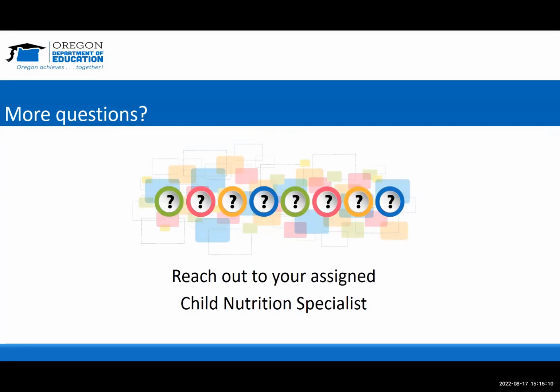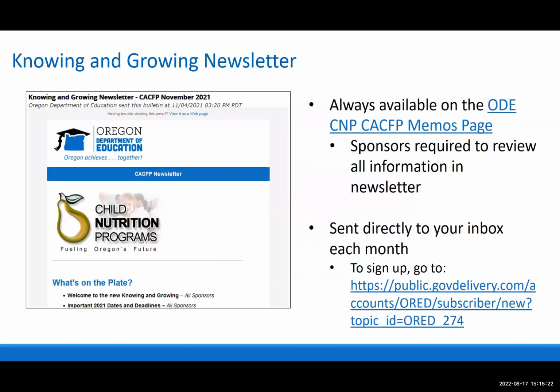Thanks, Dee Dee. Like Dee Dee said, if you have any additional questions that were not addressed today, please reach out to your assigned child nutrition specialist. Sponsors who are looking for additional information can also refer to the ODE C&P monthly CACFP newsletter called Knowing and Growing. This newsletter will include all new memos that were released in the past month, in addition to information on available grants, trainings, and important deadlines.